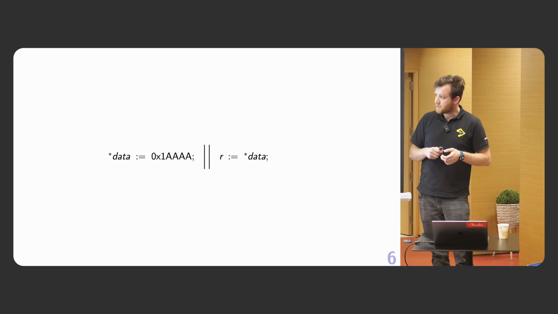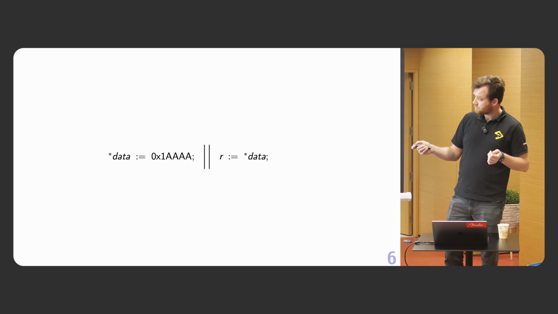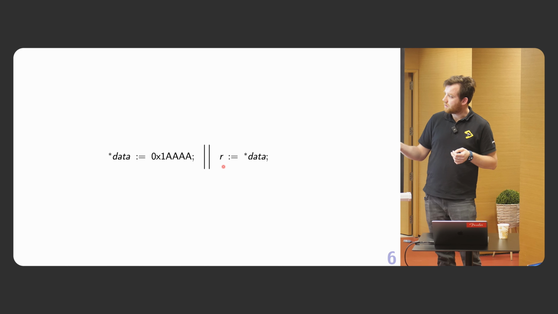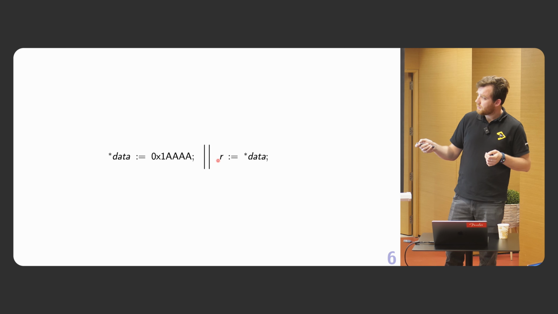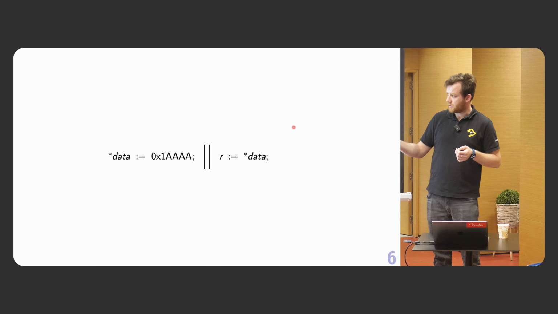Now let's consider some programs. Here we have two memory locations, data and R. We may think that R is not actually a memory location but a local register. The idea is that we want to transfer some data from the left thread to the right one.